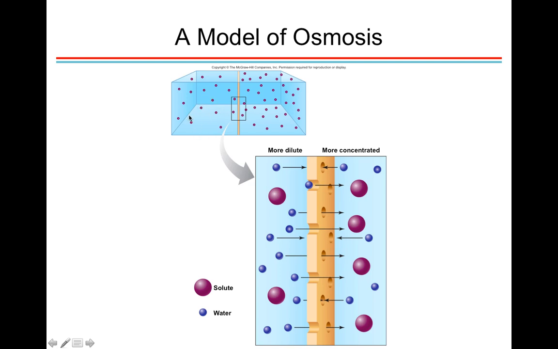But what will happen after the osmotic process is that we'll have a similar concentration of solutes, for example, like 10 per mil in the left compartment and 10 per mil in the right compartment after osmosis has occurred. And we're really going to be seeing the net movement of the water, again, from the left compartment to the right compartment to make the concentration of solute per volume of water equal.